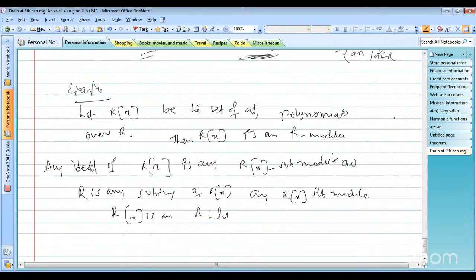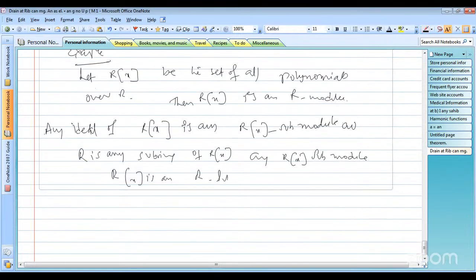So why? Because I am telling again, an R[x] module is an R module, and an R[x] submodule is an R submodule. But R is a subring of R[x]. There are R submodules that are not R[x] submodules. So therefore the condition we are writing here.